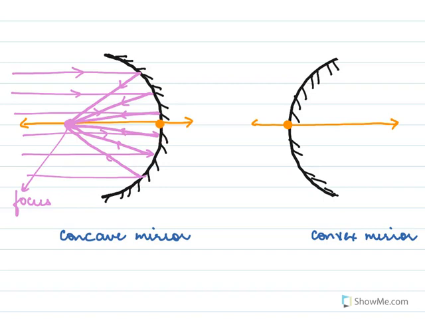And the focal length is the length between the pole and the focus. But now while measuring the length, we are going towards the left. This PF is the focal length. And we have to measure to the left of the pole. So in concave, focal length is negative.